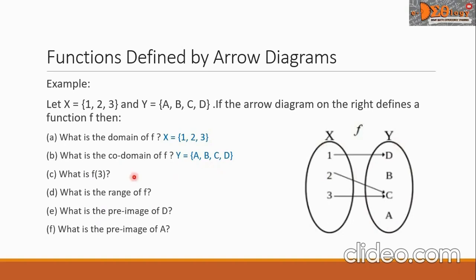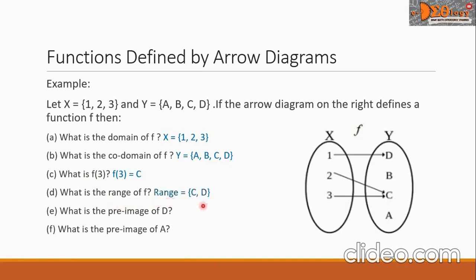Let's have question C. What is f of 3? The f of 3 is C, and that is our answer here. Let's have question D. What is the range of f?